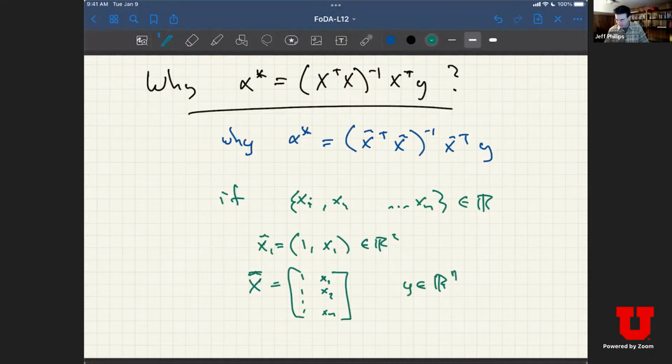I can still solve for alpha, which is (b, a), as x tilde transpose x tilde inverse, x tilde transpose y. So this will still work, and it will give you the same solution as I solved for the other way.